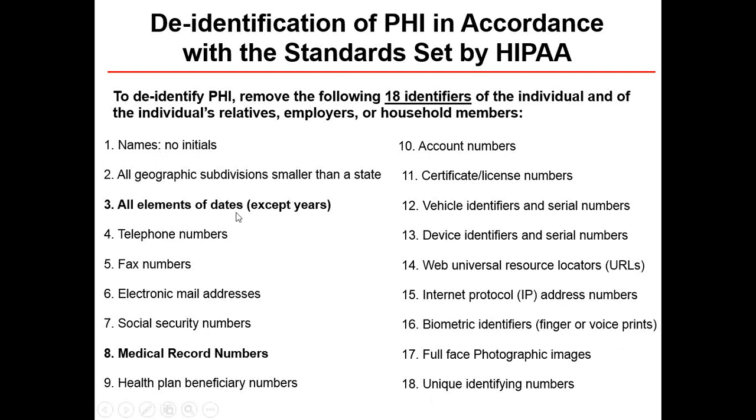Another one is the elements of date. So for any surgical or medical procedures, we're not allowed to put any dates there except for years. And number 8 is also a common mistake, the medical record numbers. I've seen people putting in medical record numbers there, and that's also not allowed. So just keep those 3 common mistakes in mind.